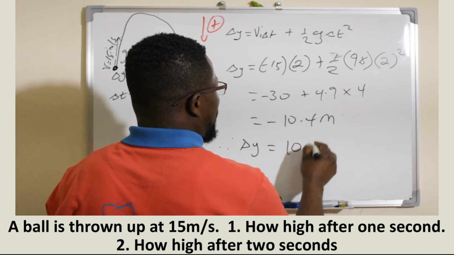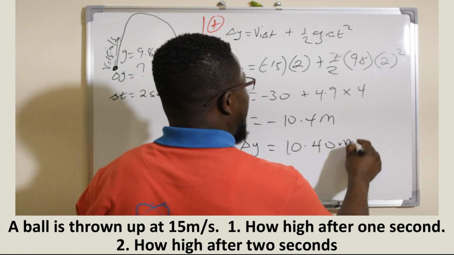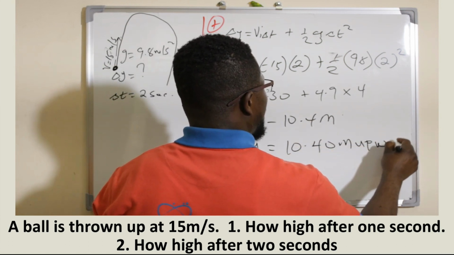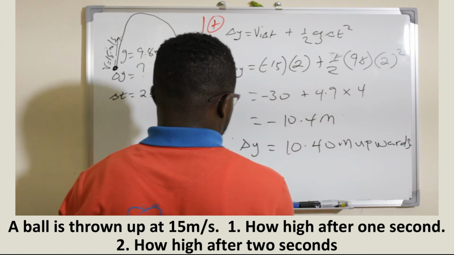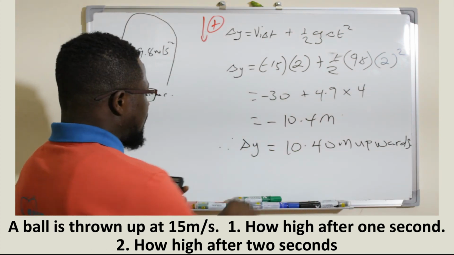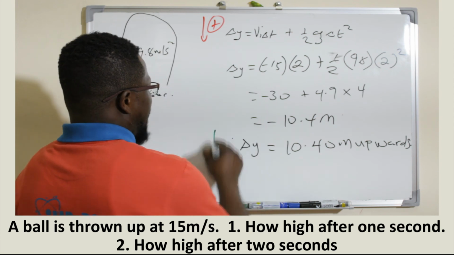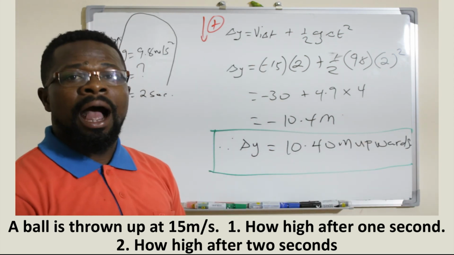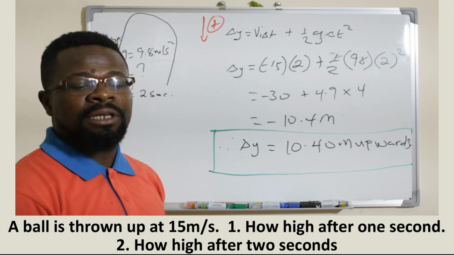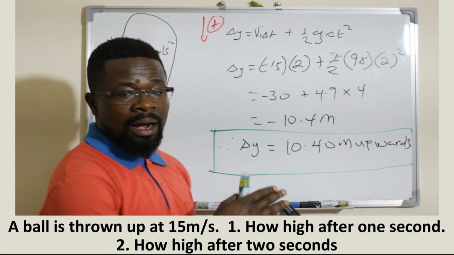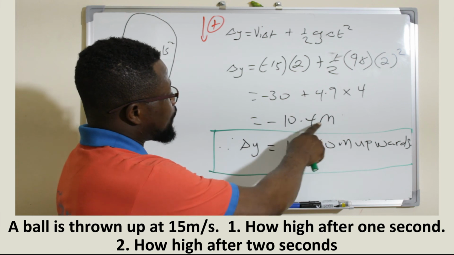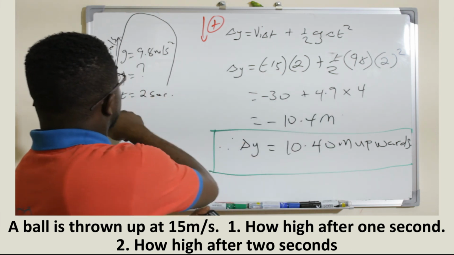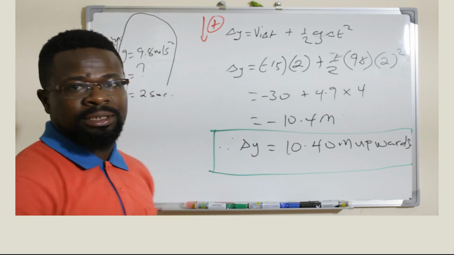It is 10.40 meters upwards. The object is still going up. It is not yet returning back to the ground. This is how high the object is going to be after the object has traveled 2 seconds.